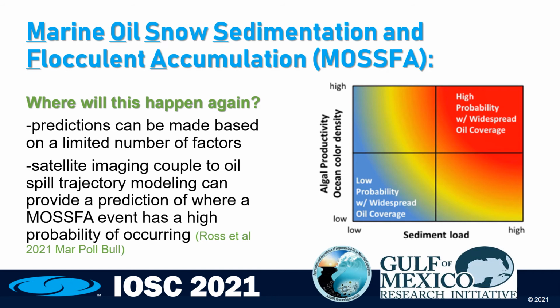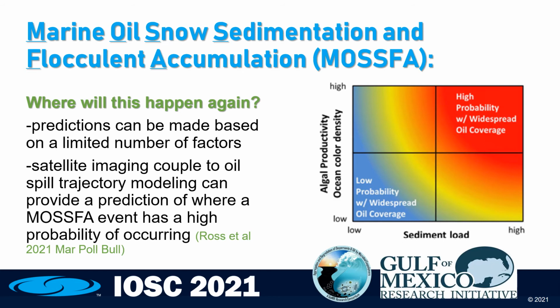But even the very simple conceptual diagrams, as shown here on the right, are based in very complex analysis and studies done. And in this study here, what was done was connecting algal productivity, which we know impacts ocean color, density, and sediment load in order to make predictions about where MOSSFA may occur.